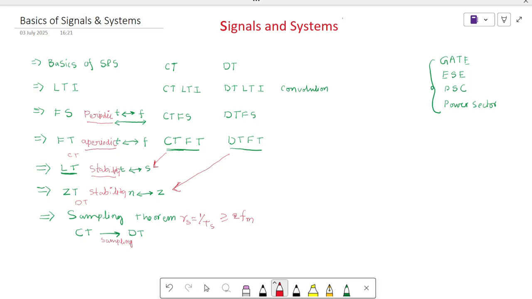Then only we can convert continuous time to discrete time. This information will be discussed in the sampling theorem chapter.